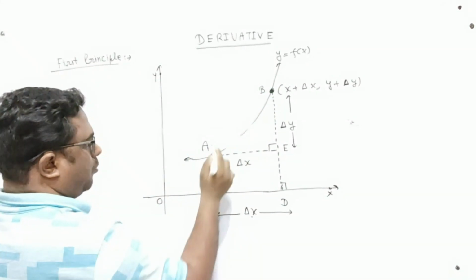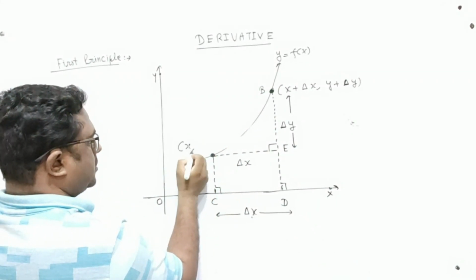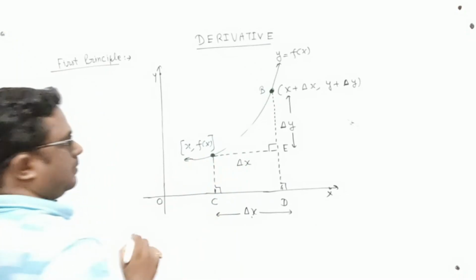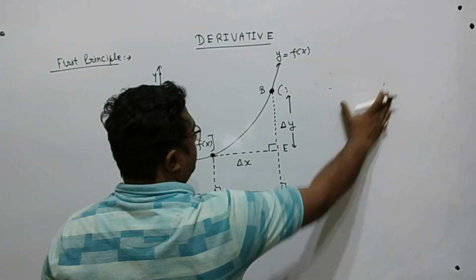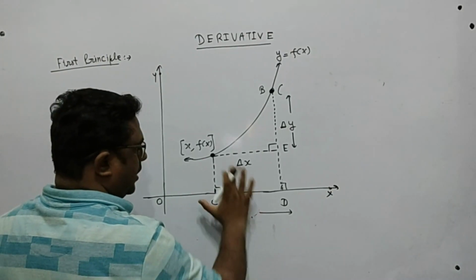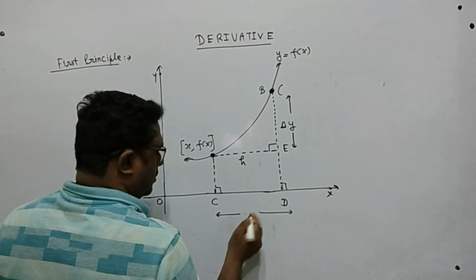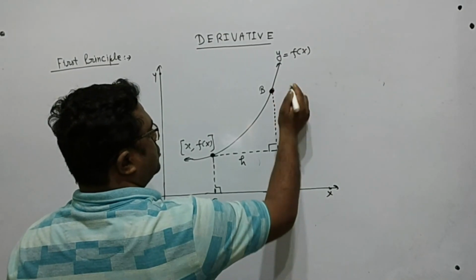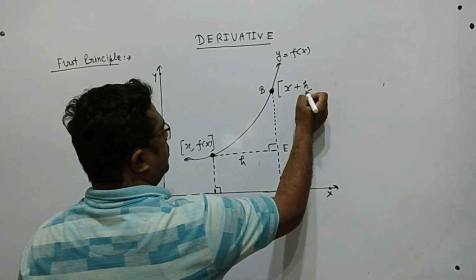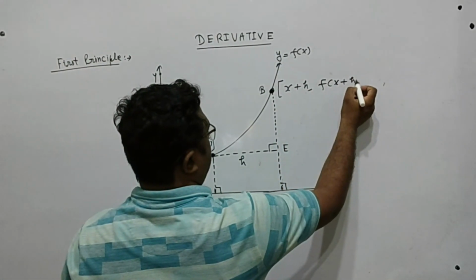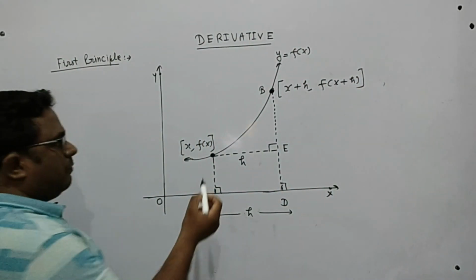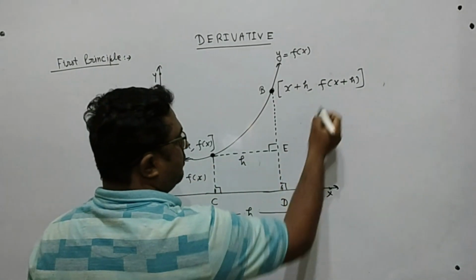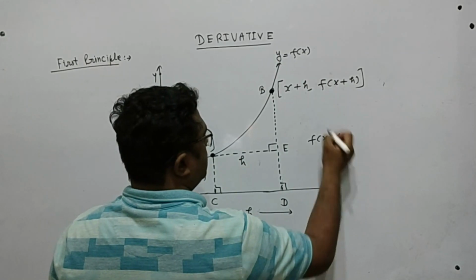Suppose the coordinates of these points are (x, f(x)) and let us assume that this distance is h. So coordinates of B point will become (x plus h, f(x plus h)). What is f(x)? f(x) is actually this height, and f(x plus h) is this total height.